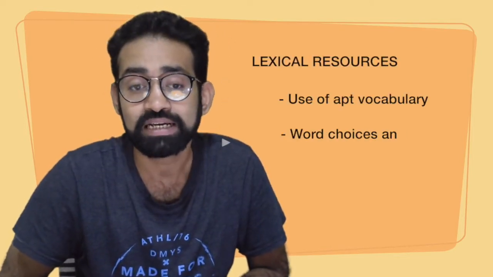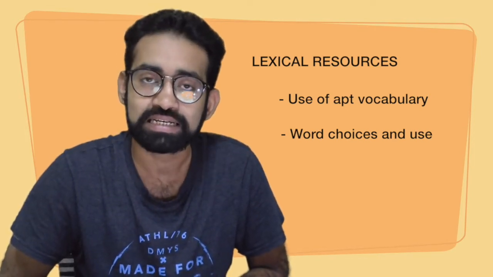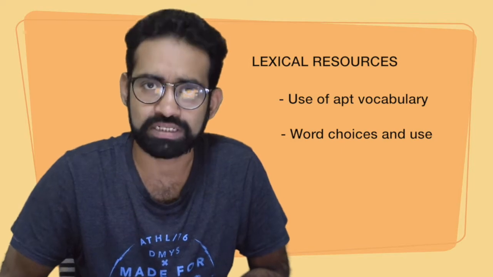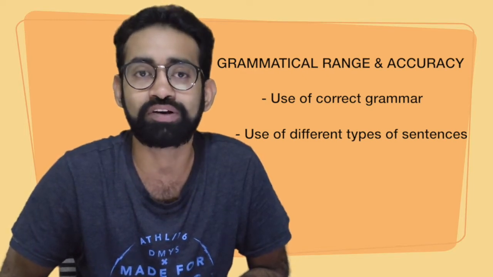Lexical resources. Now, this is related to vocabulary, to different words, and to how you play with words. Okay. Now, last and final is grammatical range and accuracy. How good you are with your grammar. So these are the four parameters on which IELTS tests.